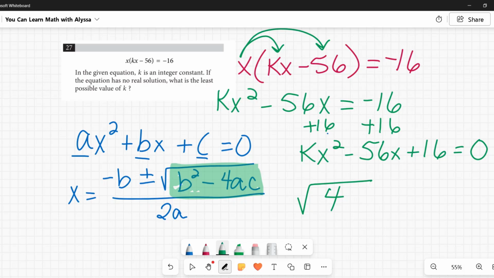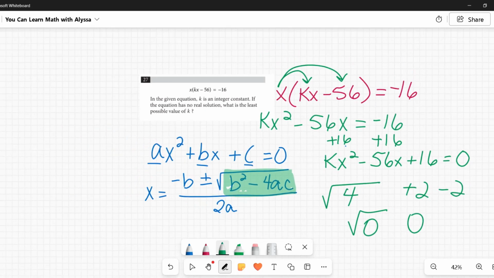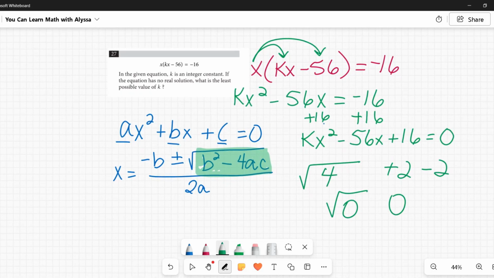It's either positive 2 or negative 2. Two possibilities. What if it's the square root of 0? That's just 0. One possibility. What if it's the square root of a negative number, like negative 1? There are no possibilities. There is no real solution. So that's what determines it.